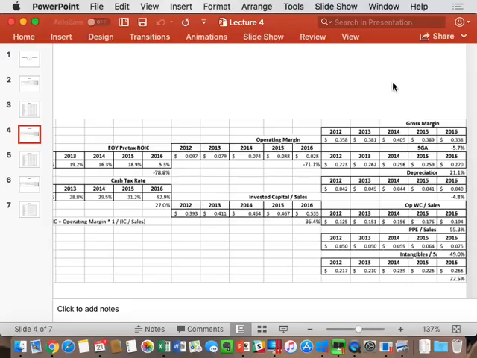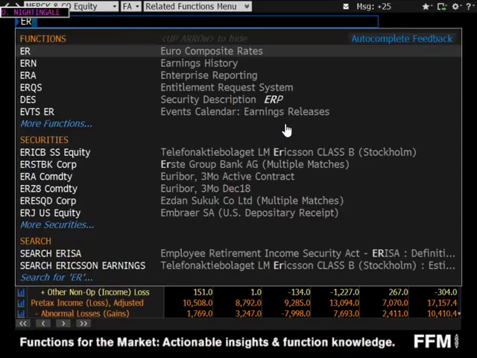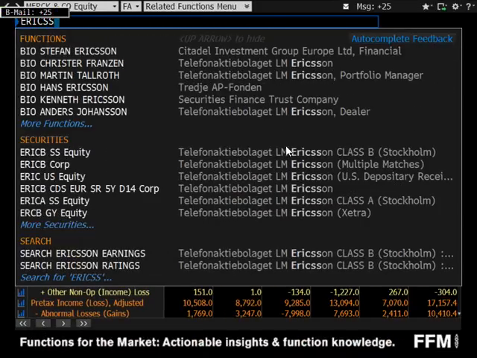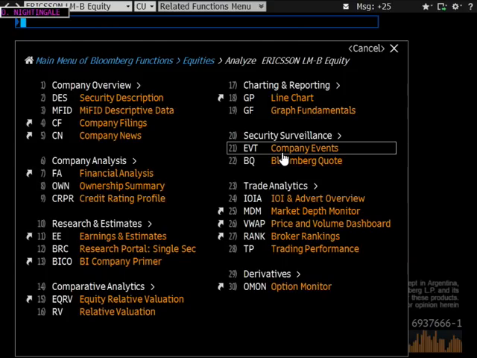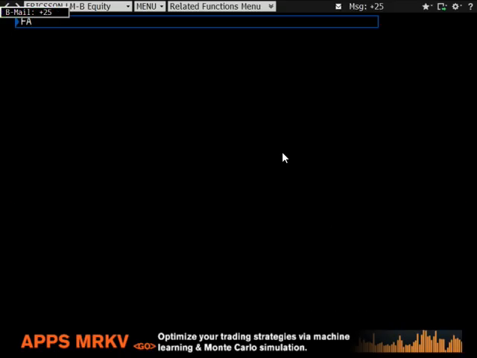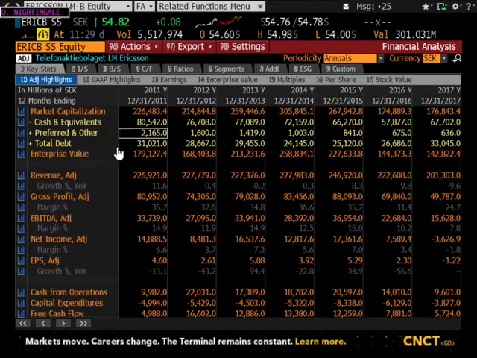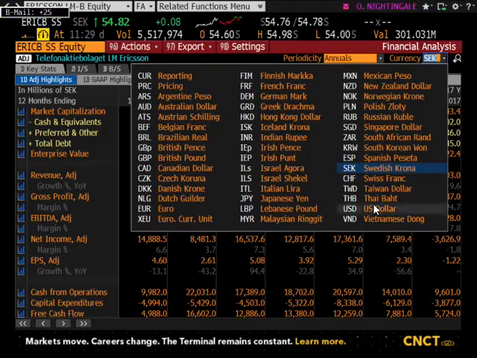Right? Again, we don't have this, but I'll give you one additional piece of context. If I look at Ericsson, and I look at their actual income statement, because you would have seen this when you did the conversion, this is their revenue. Now, I'll put this in dollars as opposed to krona.